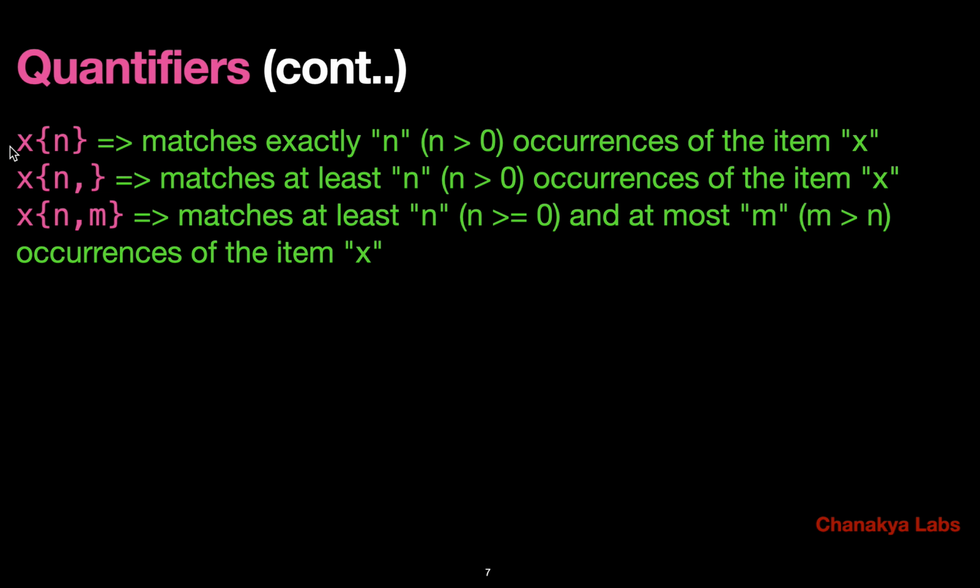Quantifiers. Okay, so earlier we saw simple quantifiers: x star, x plus, x question mark, right? Now there are some more advanced quantifiers, where you can exactly count the number of occurrences.